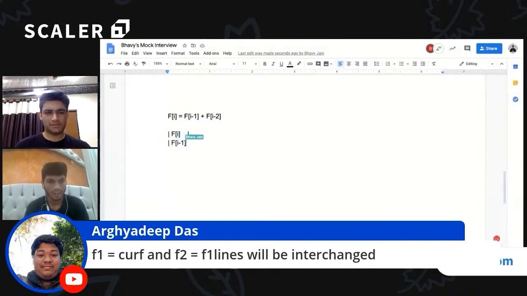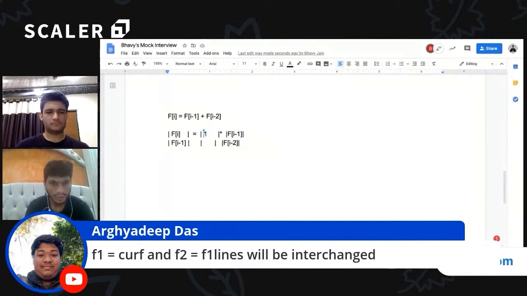And let's try to represent it in terms of a matrix. Let's say this is a 2 cross 2 matrix which we will find now, and we are multiplying it by f of I minus 1 and f of I minus 2.